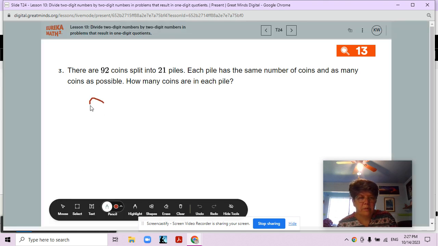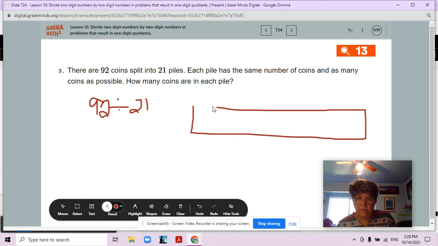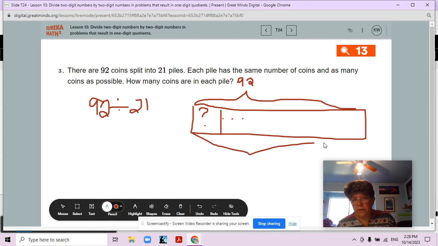Okay, so 92 divided by 21. 92 coins. And we don't know how many are in each pile. And we want to know how many piles, right?